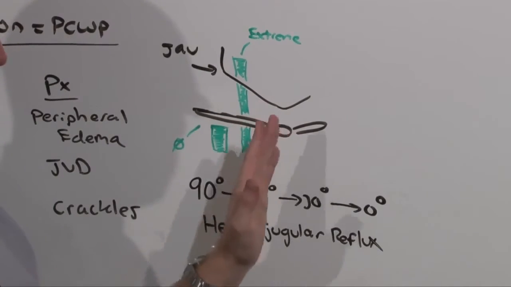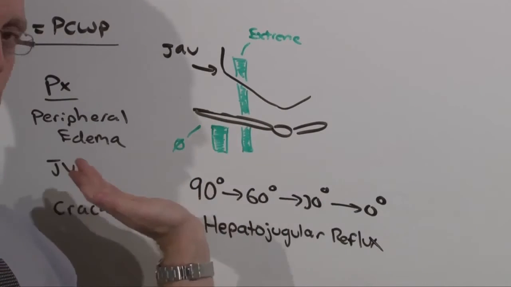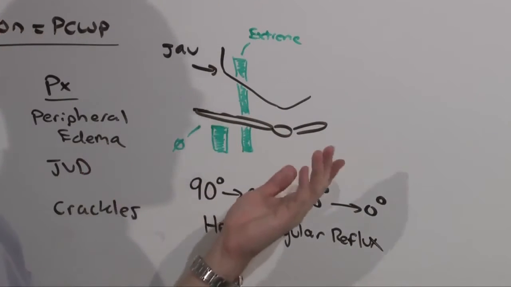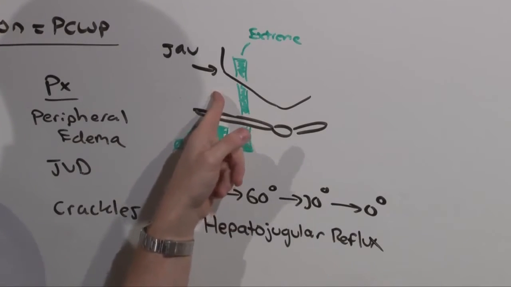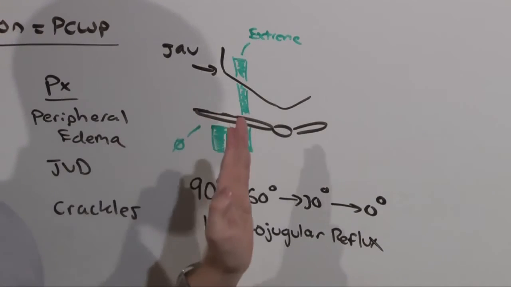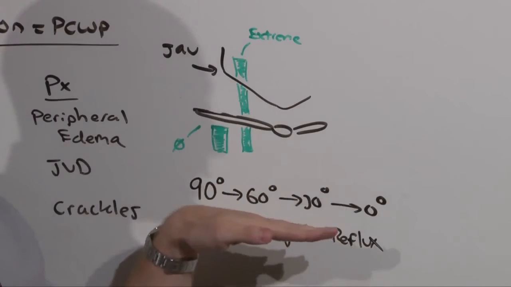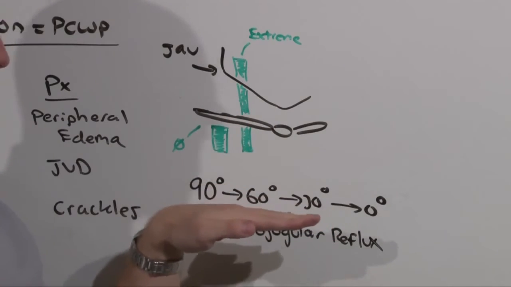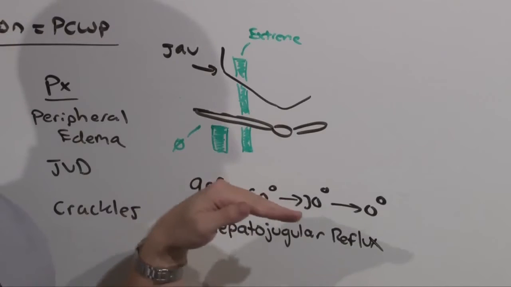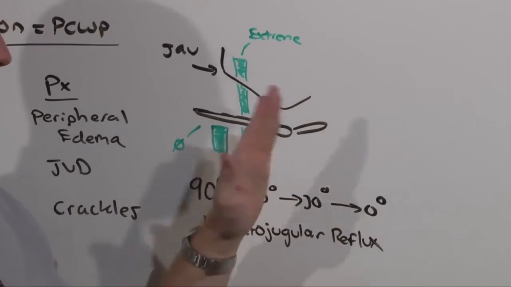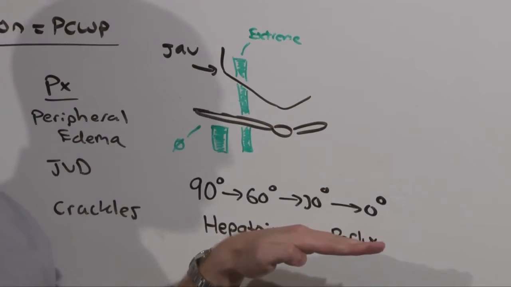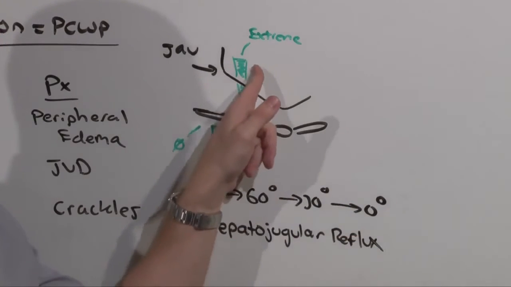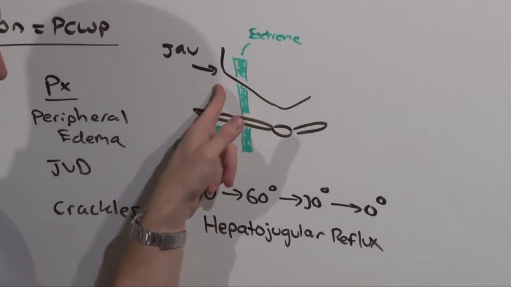If you drop them down from 60 to 30 to 0, it means that there is less pressure required to demonstrate a jugular venous pressure. So if they're upright, you see nothing. But when they're flat, you can see it. That means that the jugular venous pressure is actually quite low. If they're at 90 and you can't see it, and you can't see it as you progress to 0, it means that it started above the angle of the jaw.